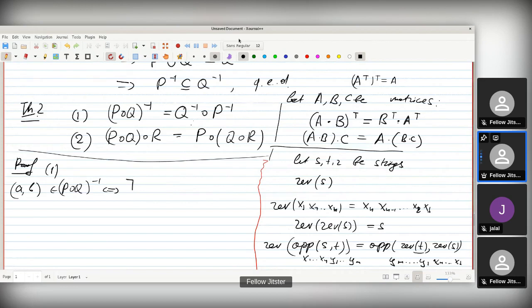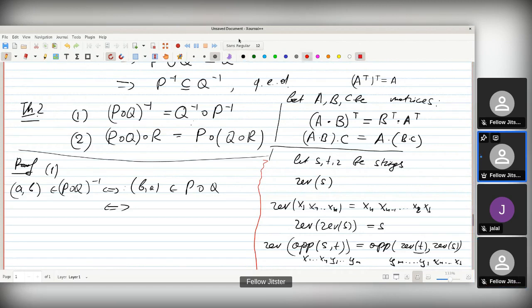That means that there exists some intermediate point C such that, excuse me, this is the converse. That means that BA belongs to P composition Q. Is it clear? Yes.